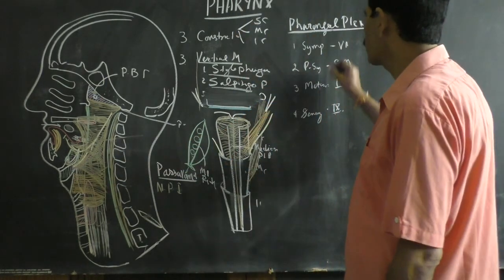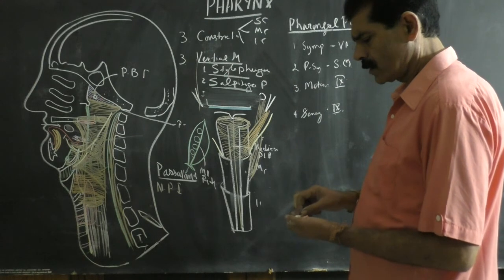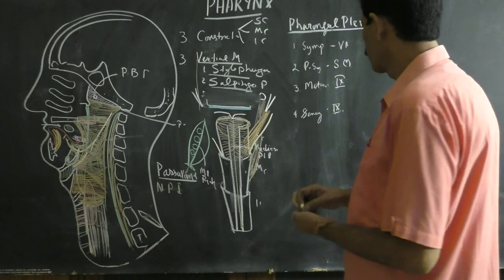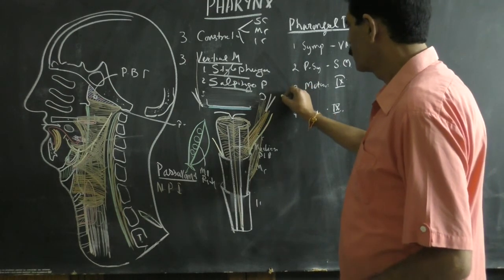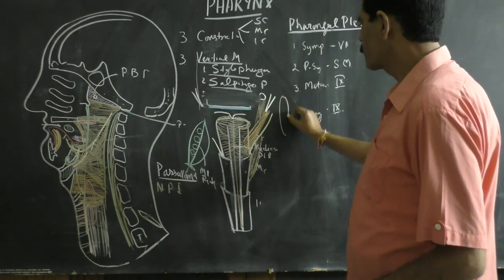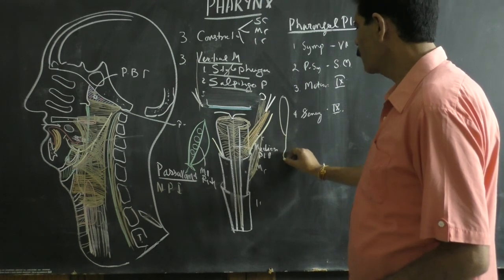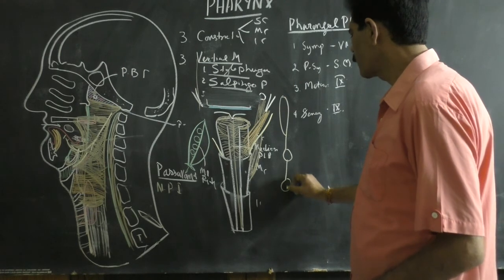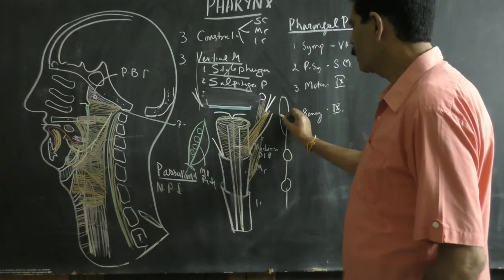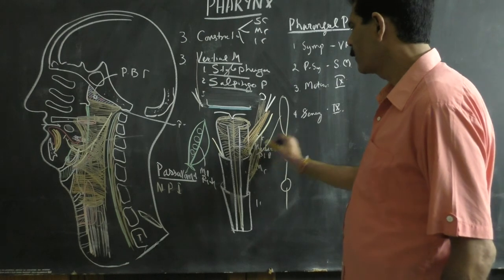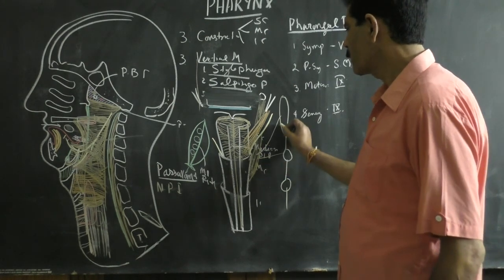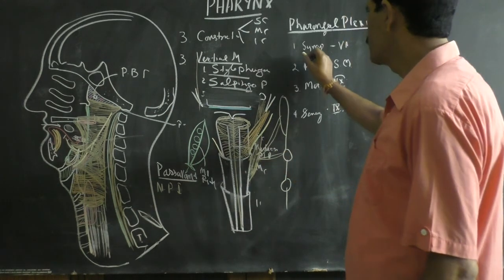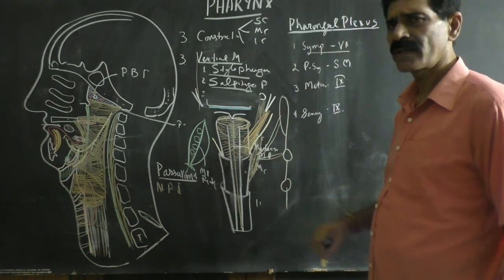The sympathetic fibers are contributed here from the cervical part of the sympathetic chain, that is the superior cervical ganglion, middle cervical ganglion, and inferior cervical ganglion. The superior and middle cervical ganglia give the contribution of sympathetic fibers to the pharyngeal plexus.